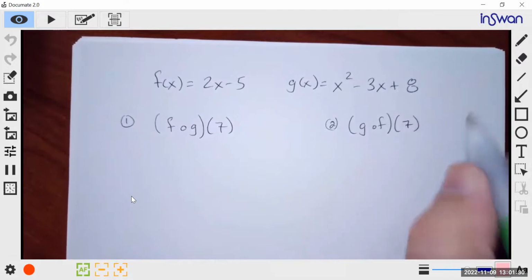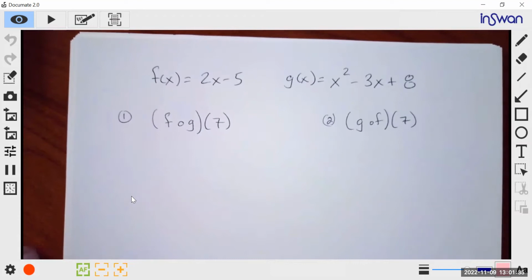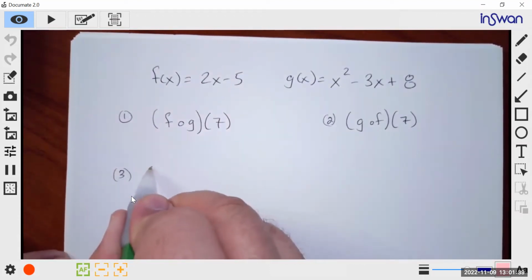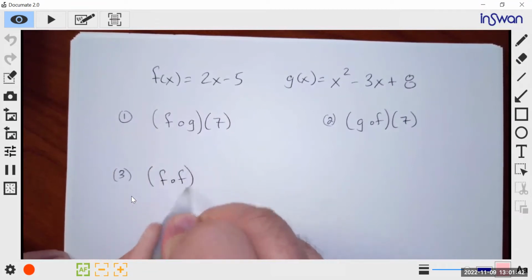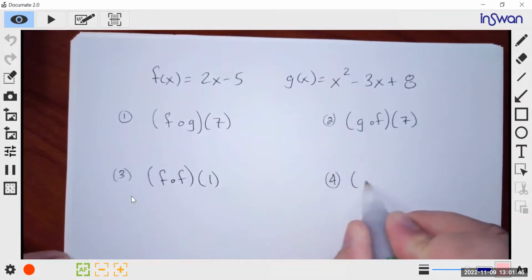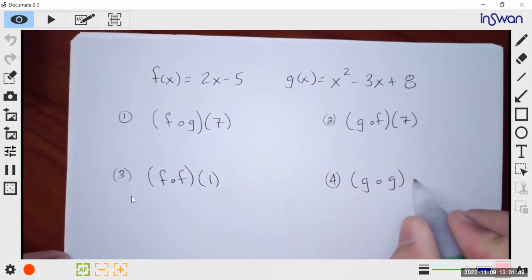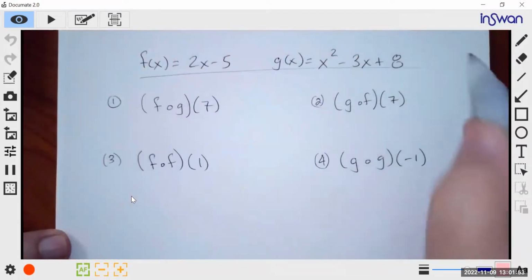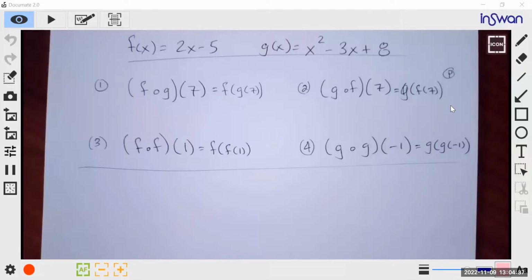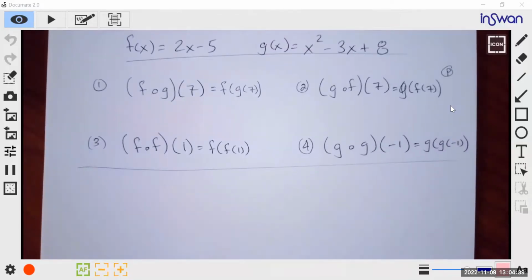Find these 4 values. Make sure everybody's on the right track.